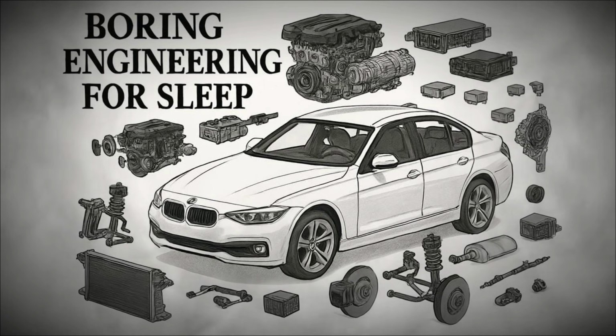Vehicle-to-vehicle communication is being developed to allow cars to share information about traffic, hazards, and road conditions, increasing safety and efficiency. Over-the-air updates now allow manufacturers to change software and add features after a car has been sold, much like smartphones, meaning that the function of a vehicle can improve over time.